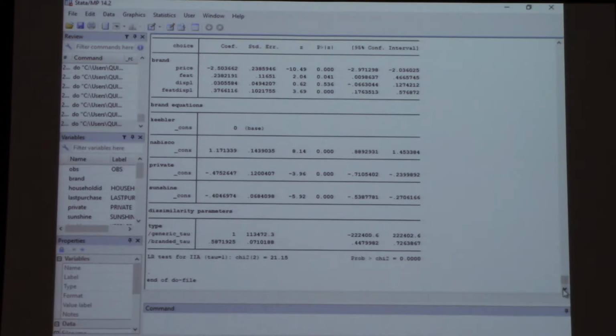This is nice because we can construct that tree diagram. We would have, boom, I want some crackers, and we got generic, branded.